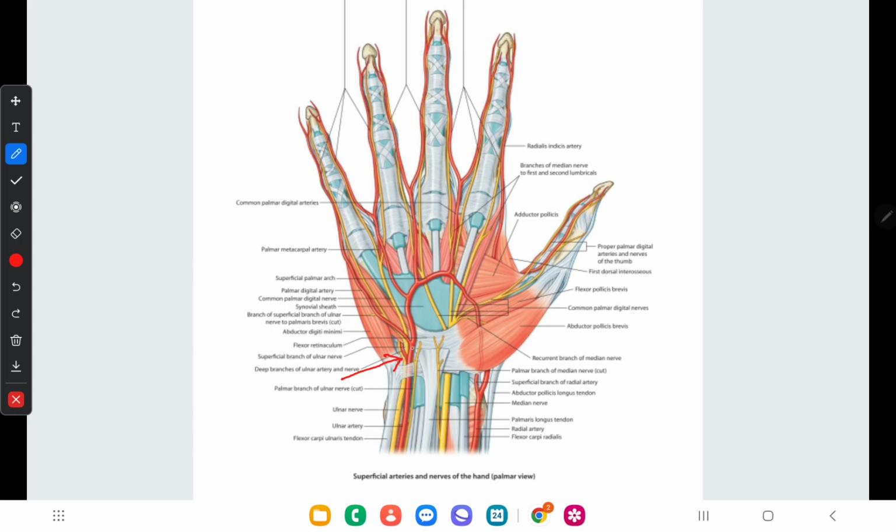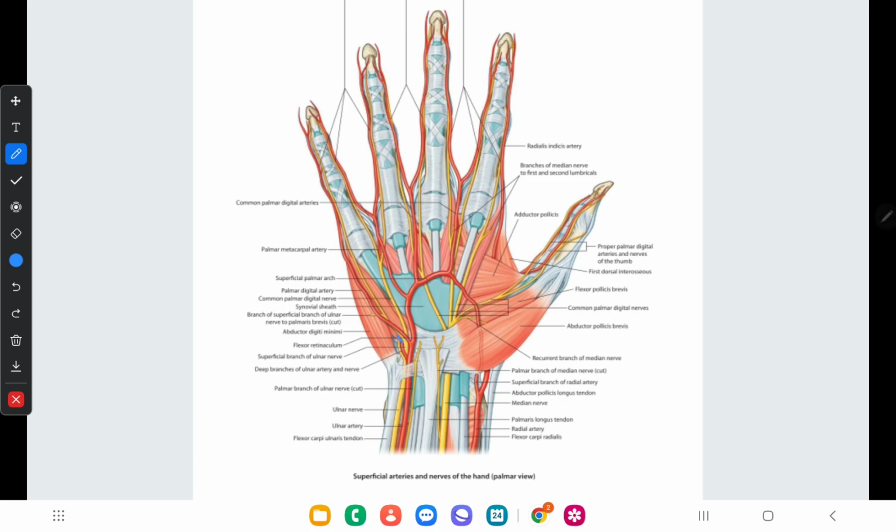It terminates in the palm by dividing into a superficial branch and a deep branch. Here you can see this is the deep branch and this is the superficial branch. Then the superficial branch passes deep to the palmaris brevis muscle and gives branches to the palmaris brevis muscle and sensory supply to the medial 1.5 fingers.